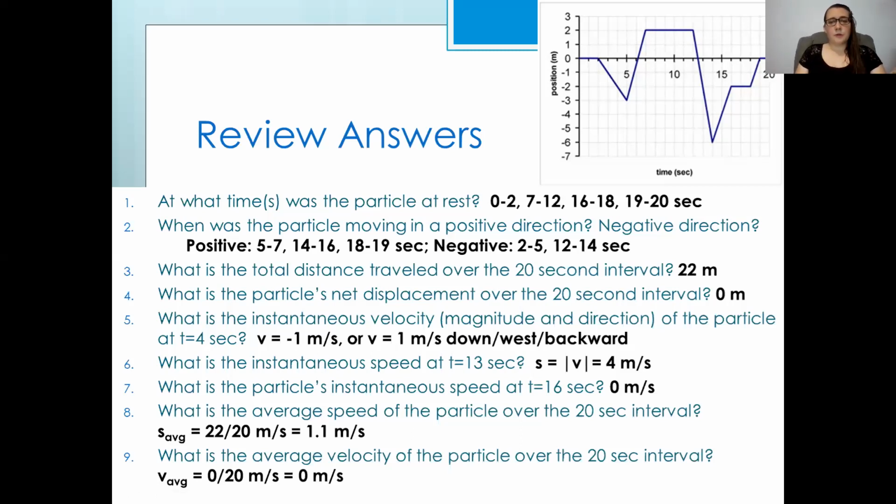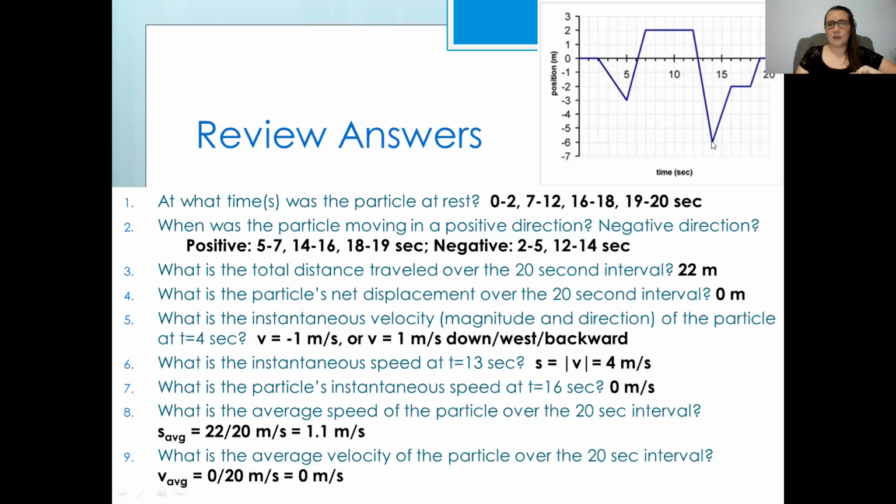Number 2, when was the particle moving in a positive direction? So that would be whenever we're dealing with a positive position. Well, I guess not necessarily a positive position, but a positive slope of our position graph. So that would be from 5 to 7 seconds, it's moving towards the positive.